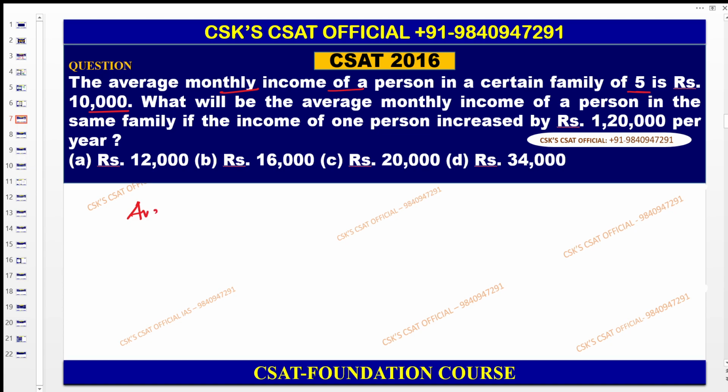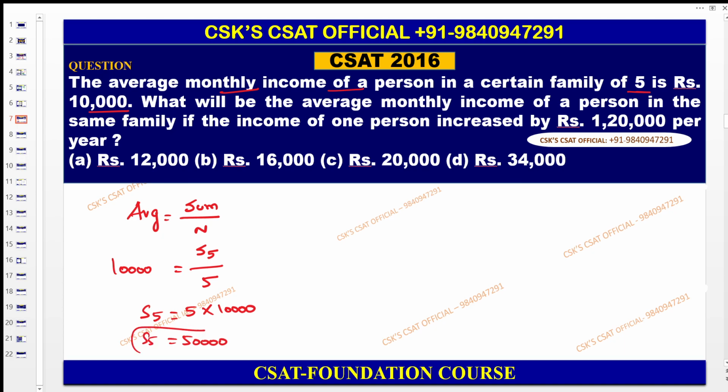So same, you can use the average as sum by n. Here n is equal to 5. The average has been provided as 10,000. So the sum of the 5 we need to find here. So sum of the 5 is equal to 5 into 10,000, which is equal to 50,000.